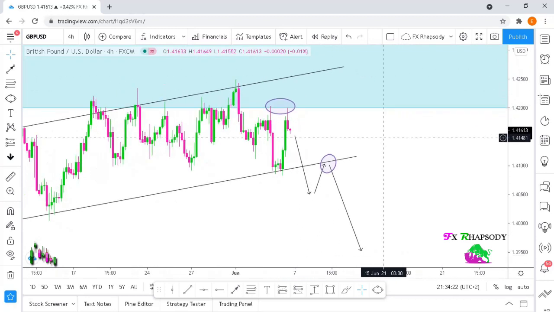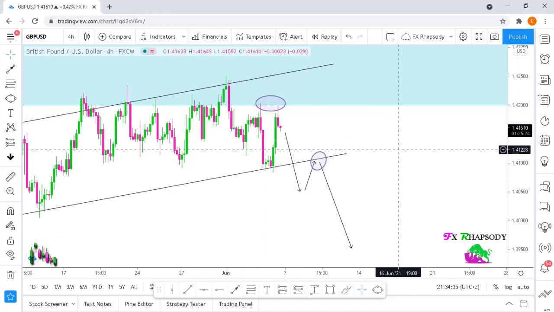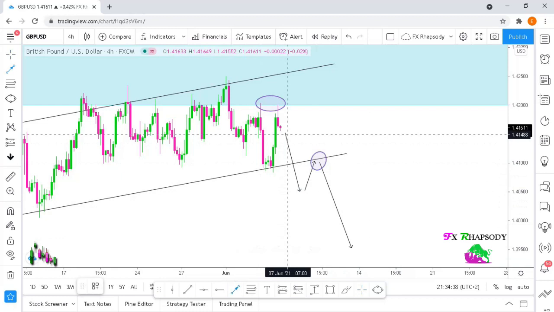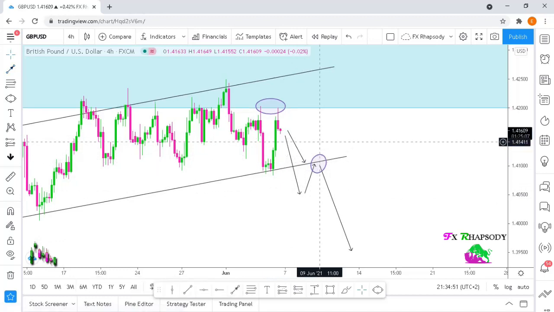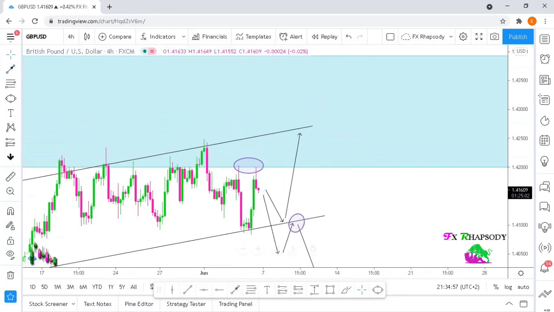So yeah, will this be a sign of the British pound going down? For the last day or so, it hasn't been able to go past that zone. But again, anything is possible. I don't want to predict it, you want to react to the market. So let's see what happens this week. Big possibility that it could break this trend line, but also a possibility that it can just tap that trend line and eventually move up and break the zone here.